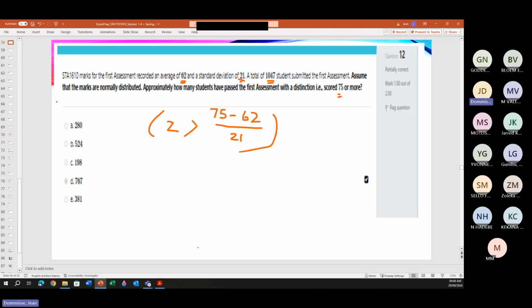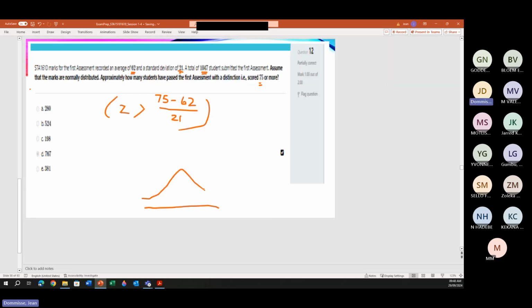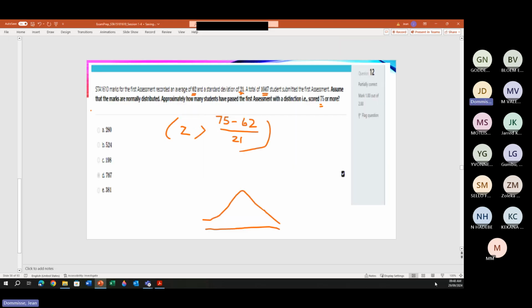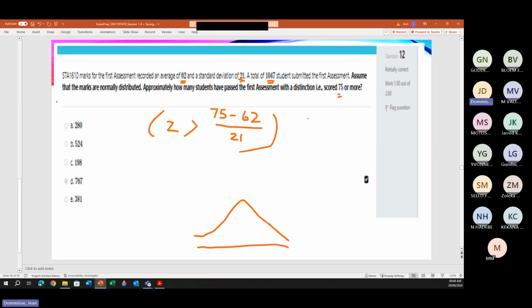This is slightly different. Now we know that the total number of students is 1047.